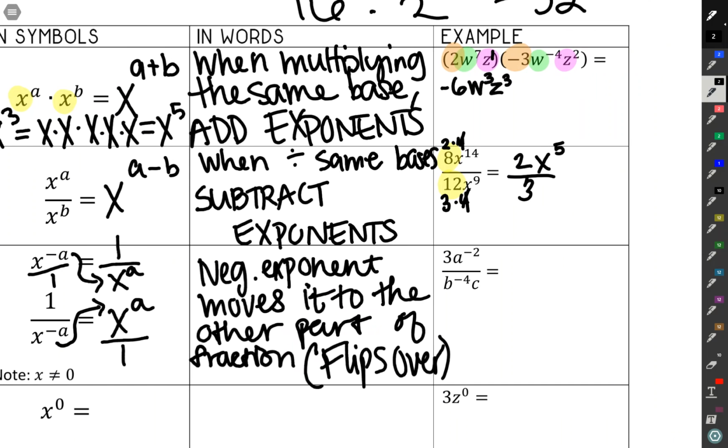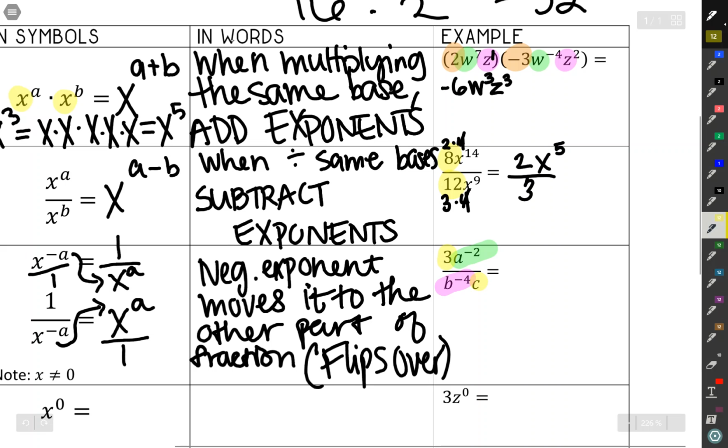All right, so I've got some negative exponents here. I've got a to the negative 2, and I have b to the negative 4. Those things are negative, and they need to move. The 3 and the c are perfectly happy where they are. Do not move them.